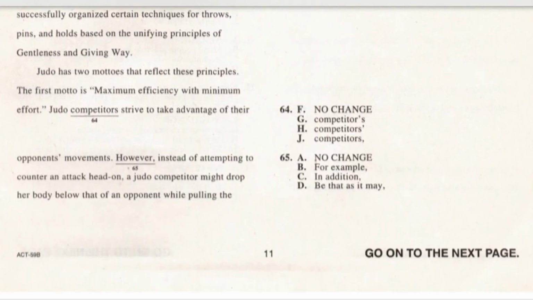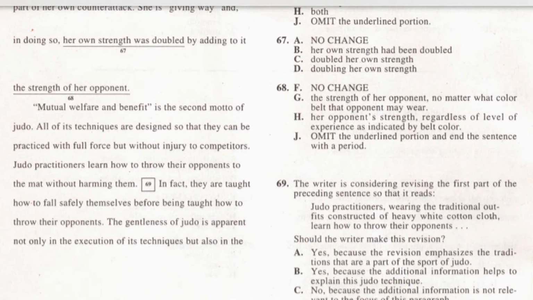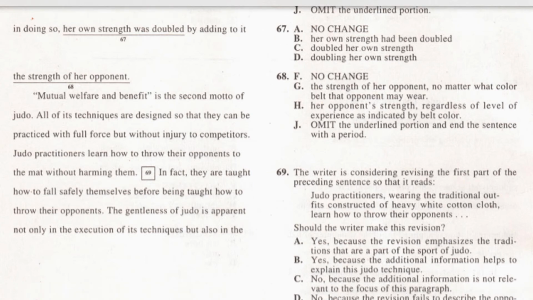We'll take a look at the next paragraph topic sentence. Mutual welfare and benefit is the second motto. So it's a gentle sport developed off of another sport that probably has something to do with respecting your opponent, and we're going to give mutual welfare and benefit to that opponent. You're respecting them.